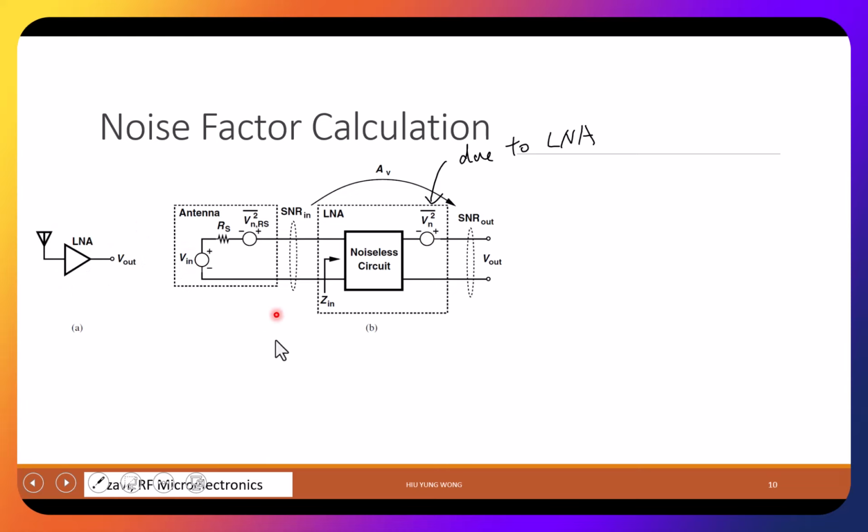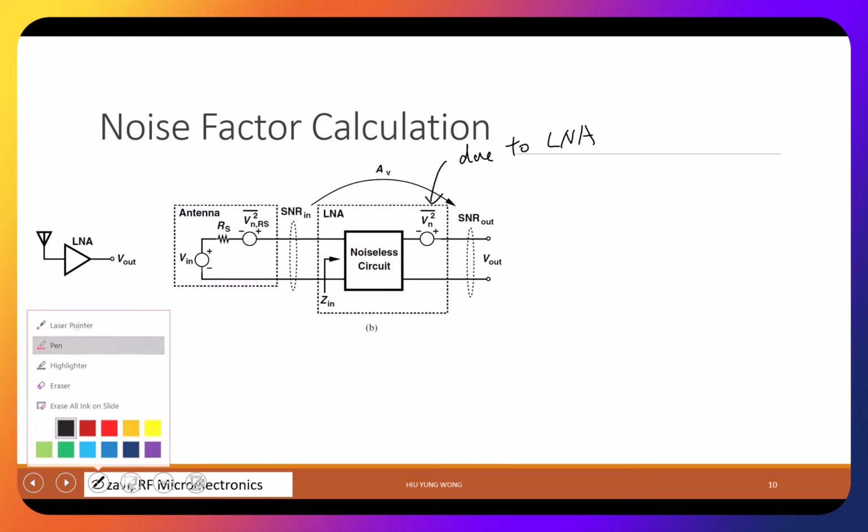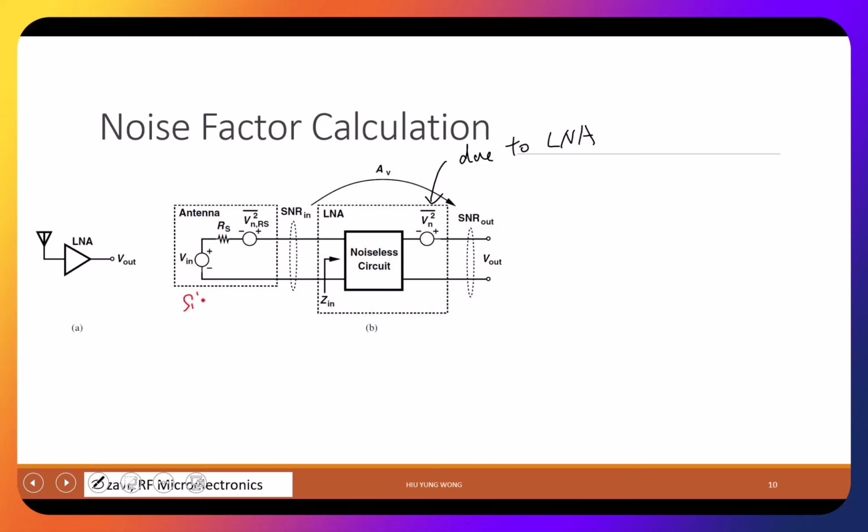Let's ignore this antenna. You just know you have a source. This is the signal. You have a signal, but the source also has an output impedance, right? Take this for granted. It cannot be ideal with nothing, right? Rs, the output impedance. It has a noise, right?